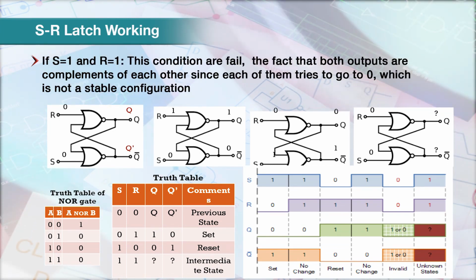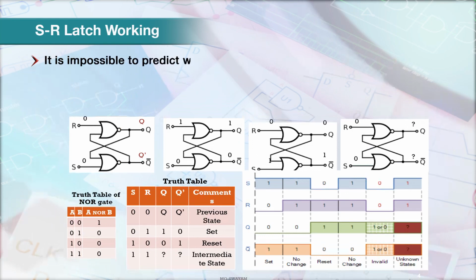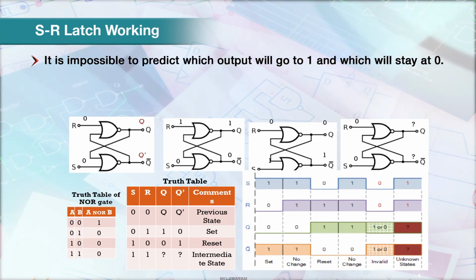If S is equal to 1 and R equal to 1, this condition fails the requirement that both outputs are complements of each other, since each of them tries to go to 0, which is not a stable configuration. It is not possible to predict which output will go to 1 and which will stay at 0.